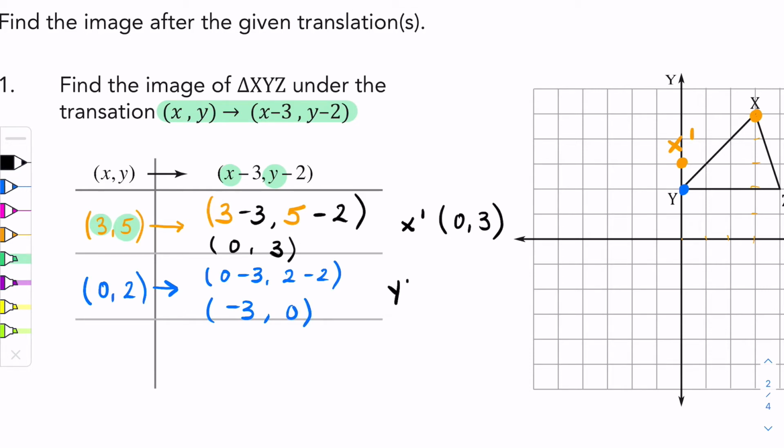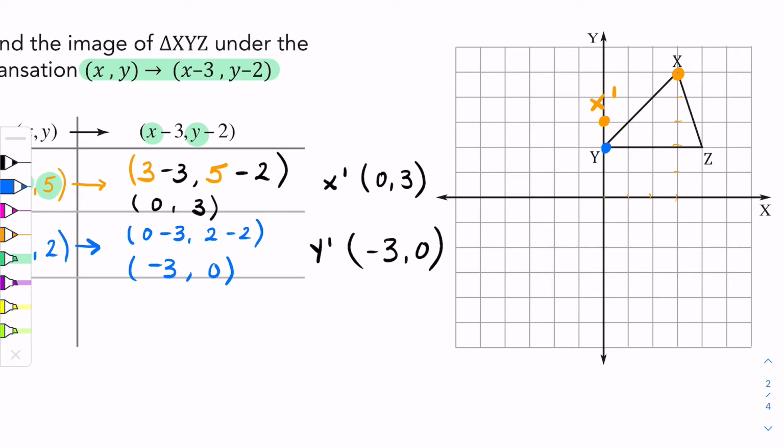So y prime, my new y coordinate, is at negative 3, comma 0. I'm going to come over to my graph. I'm going to go over to negative 3, down 0, plot a new point. Going to label this as y prime. Again, we could have just shifted this graph over 3 units, down 2 units.